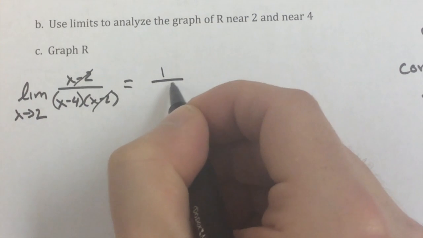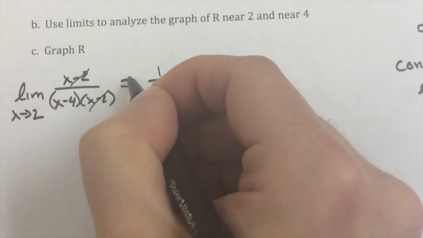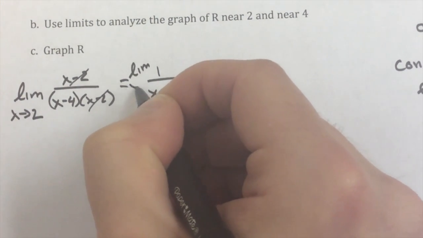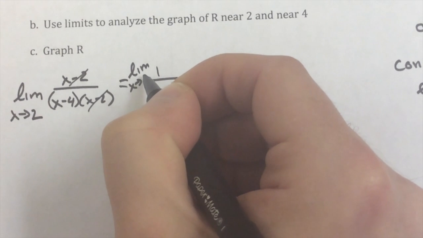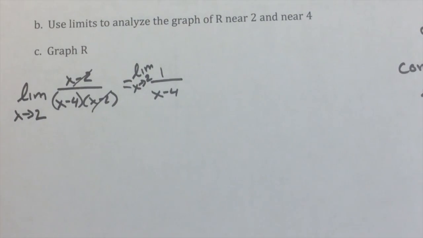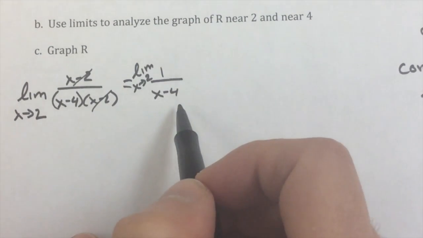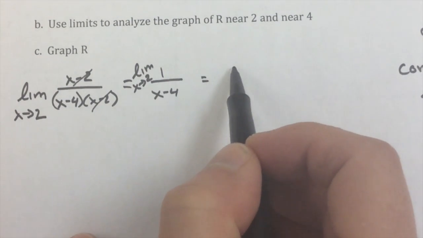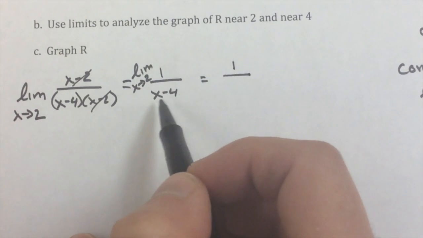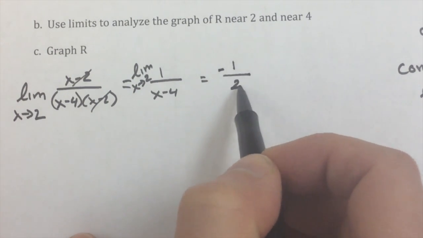I'm left with 1 over x minus 4, and we want the limit as x approaches 2. It's important to keep writing that, and I certainly slack on that. If I plug in 2 here, I get 1 over 2 minus 4, so negative 1/2.